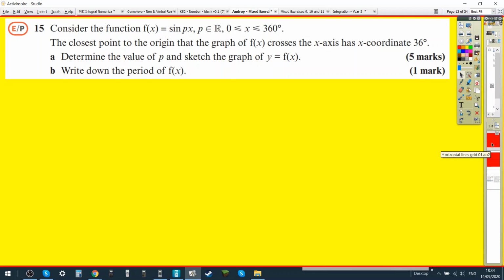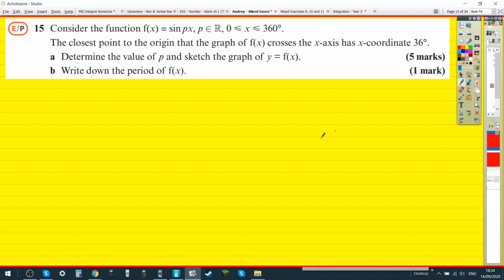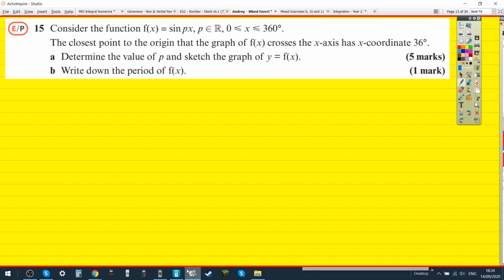All right. How do we do this? So do I need to sub in at 36 into sine P?